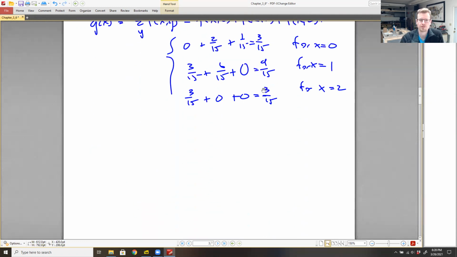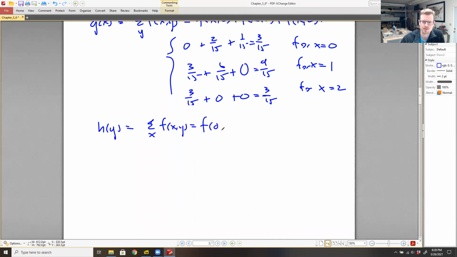And we can do the same thing for y. Find the marginal distribution of y, which would be the sum over all x values of f of x comma y, which would be f of 0 comma y plus f of 1 comma y plus f of 2 comma y. But of course, it's still not in a nice expression. It's going to be the individual values.